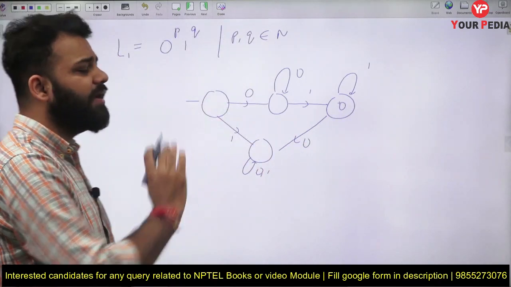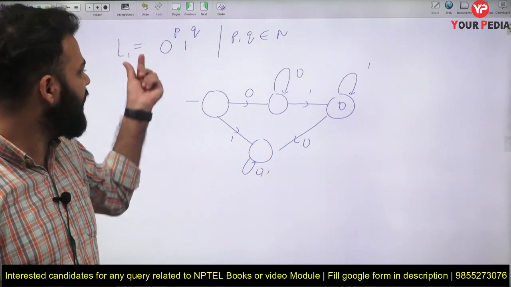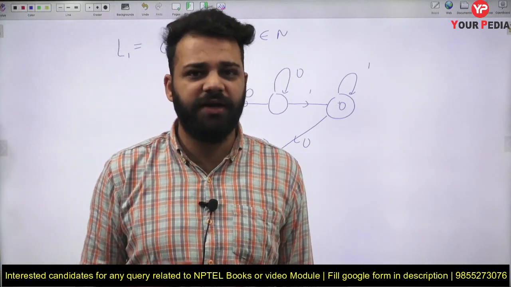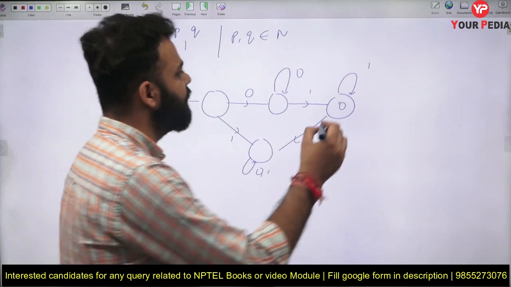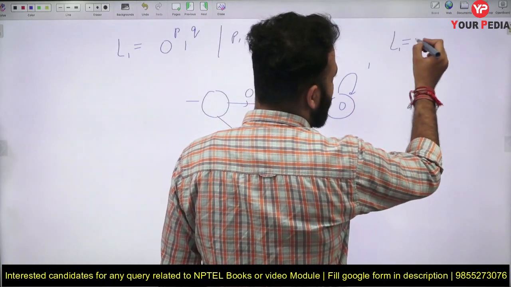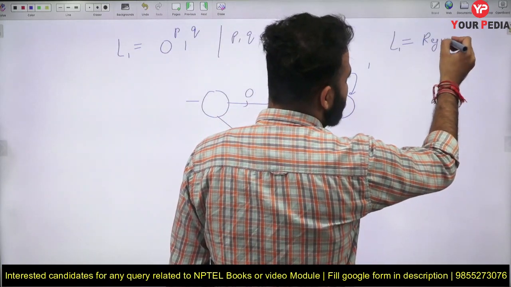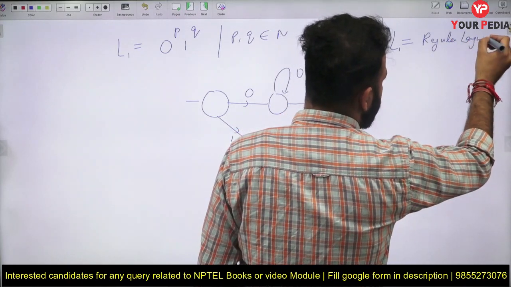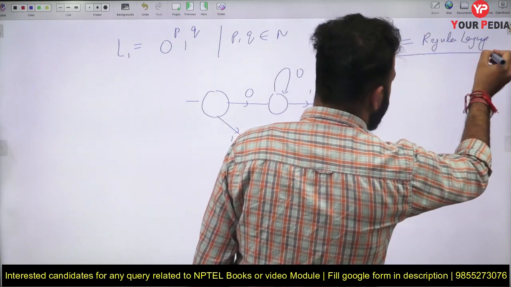So this is a simple DFA for the L1 language, and if you can make a DFA for it, then surely that language is a regular language. So L1 is a regular language.